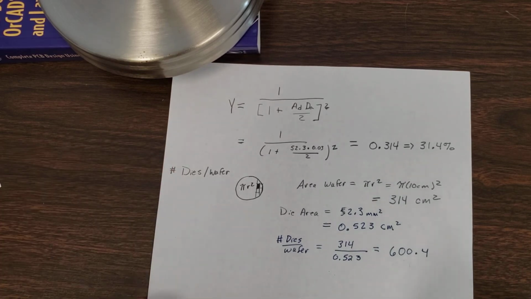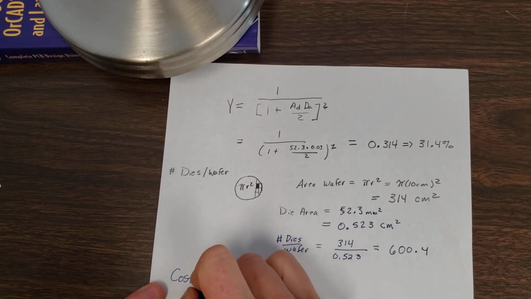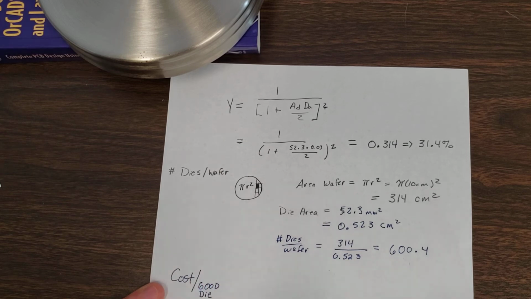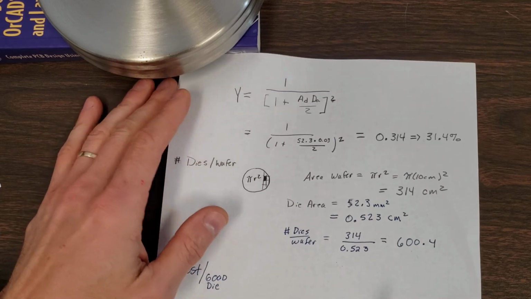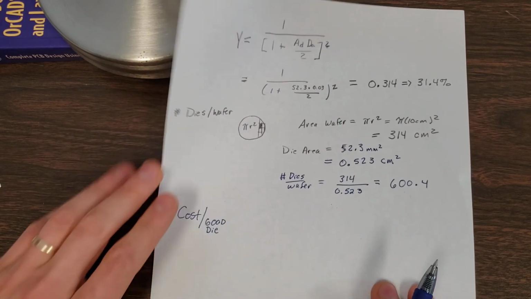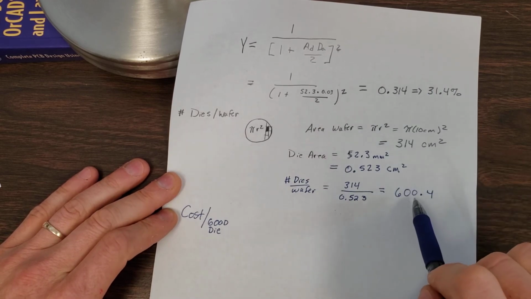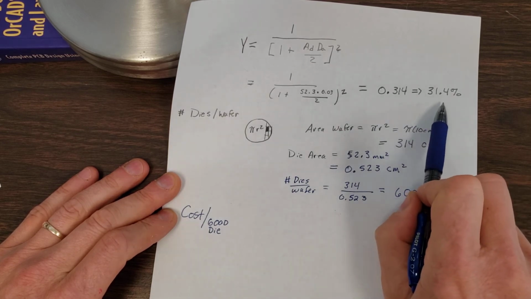Okay, the last thing is the cost per good die. The problem didn't specify that it was a good die, but we really care about how much good dies cost. We try to make 600 of them, but we're really only getting about a third of them.